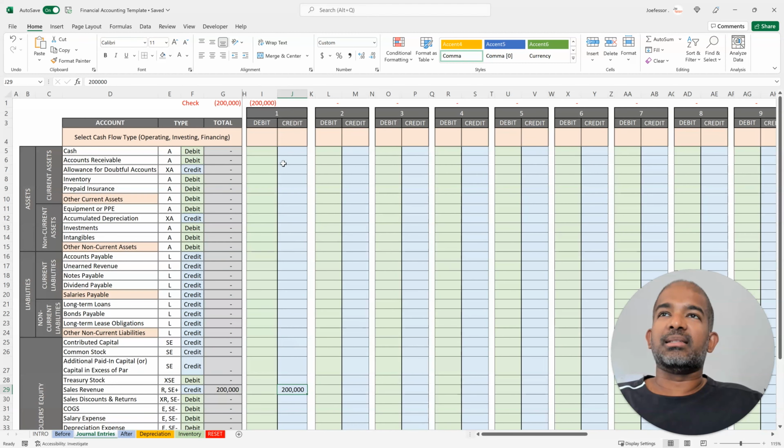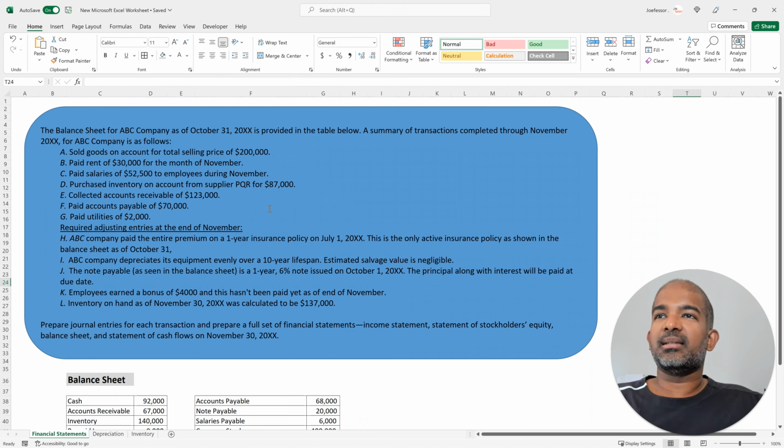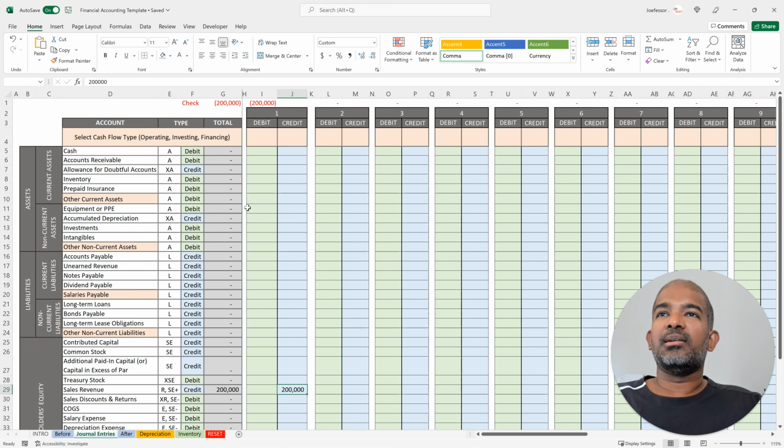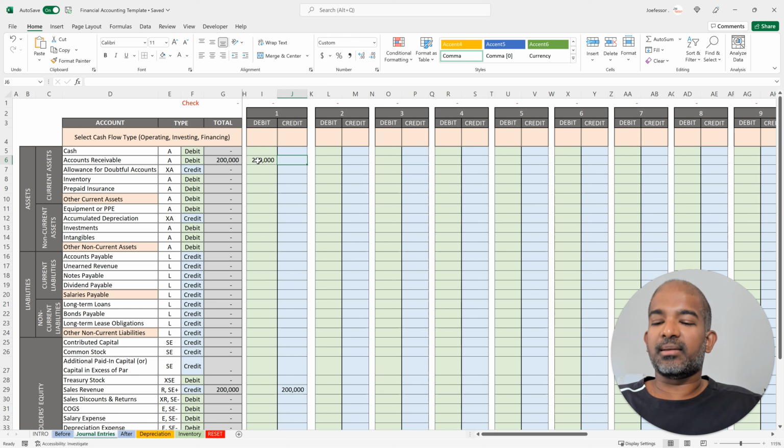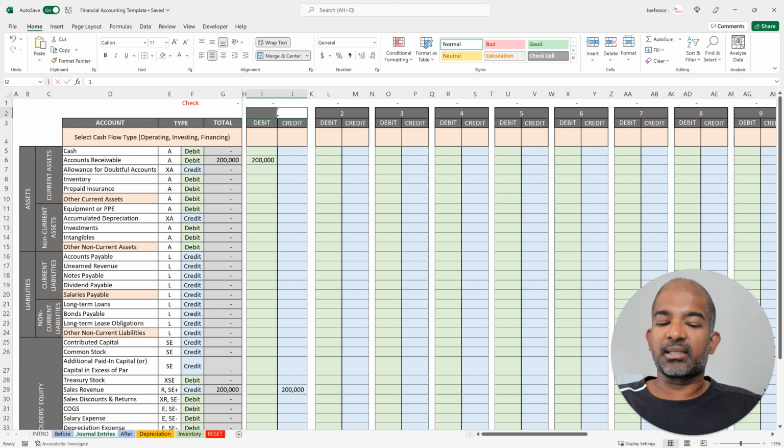You can see that my check doesn't balance yet because I haven't put in the debit account yet. Because it's sold on account, you still have an accounts receivable of 200,000. Accounts receivable is a debit account, so I'm going to debit 200,000. You can see that now it's balanced. So that would be section A. I can call that A here.